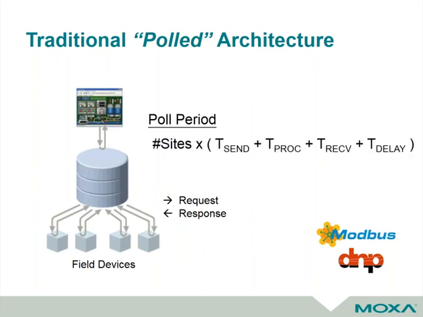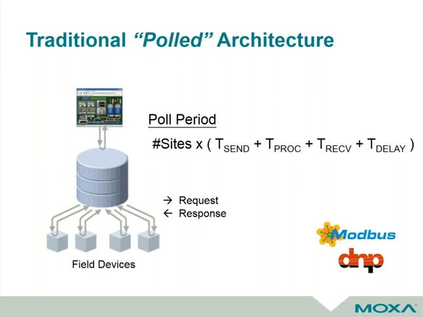The request is sent out and the response comes back. The difficulty is that only one field device can respond at a time, so your polling period depends upon how long it takes to send the request, how long the device takes to process it, how long it takes to transmit the message back, and whether there is any turnaround time delay between polls.